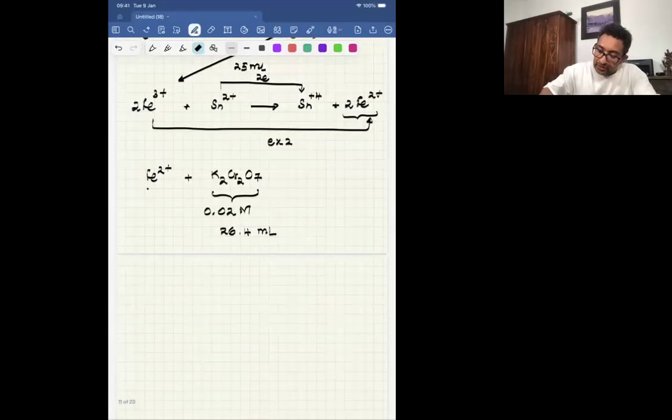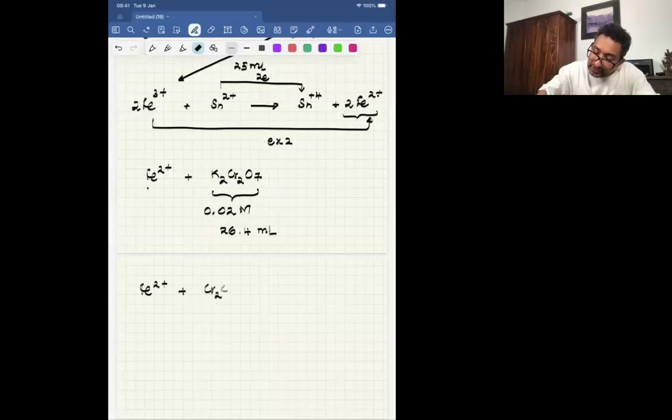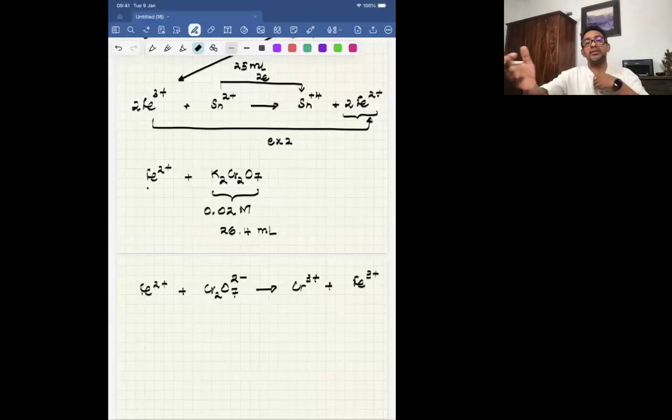Now let us write down the reaction. Fe plus 2 plus Cr2O7 2 minus. Cr2O7 2 minus turns into Cr plus 3. Fe plus 2 turns into ferric again. Now the one that has a low oxidation state undergoes oxidation, so we titrate it using dichromate.